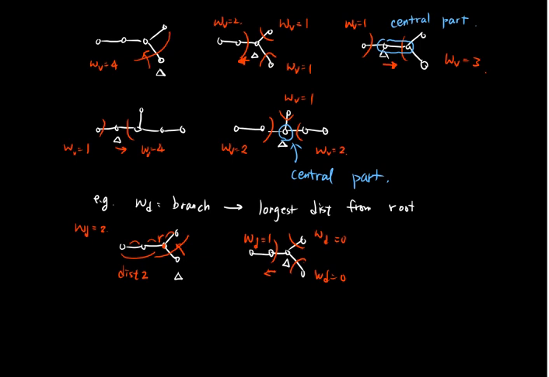Okay, yeah. And we have the same behavior. After you move that, this part is equal to 0. This part is equal to 1. Okay, so you will move that to the right. So again, we call these 2 vertices the central part.